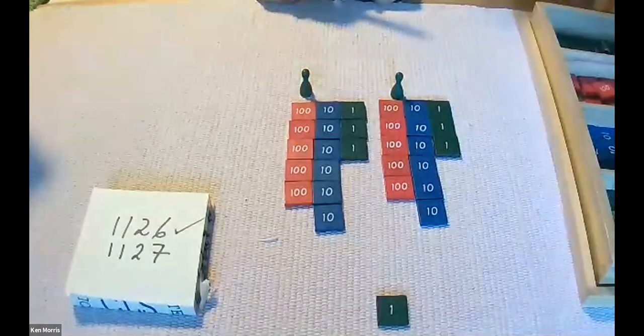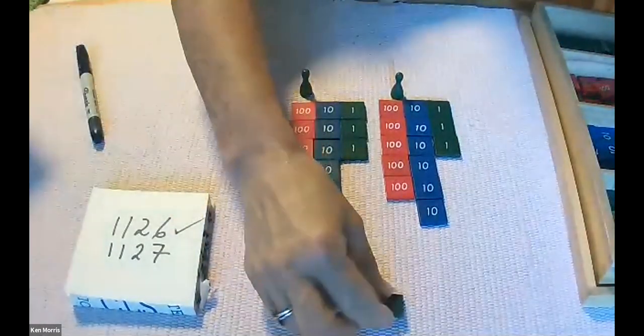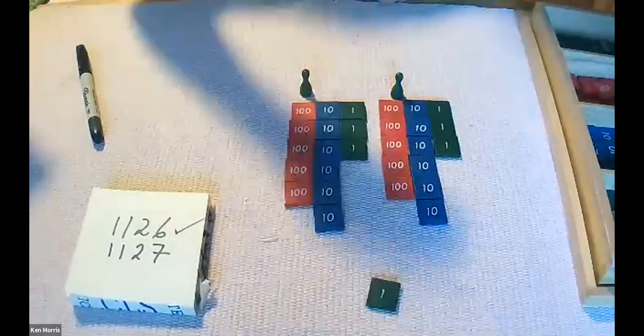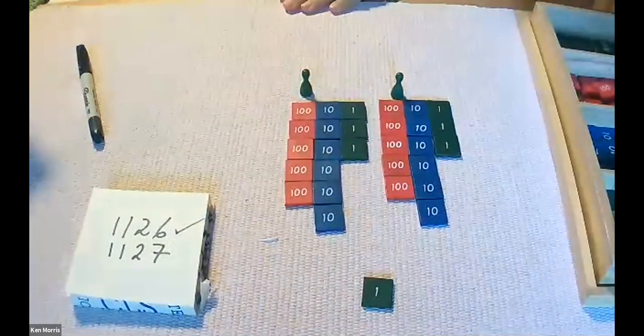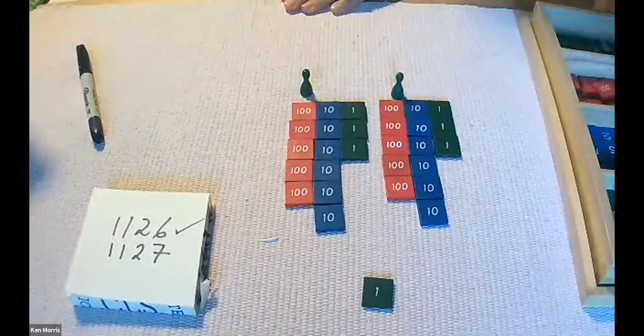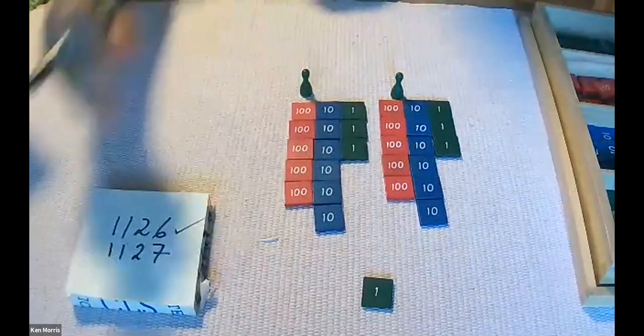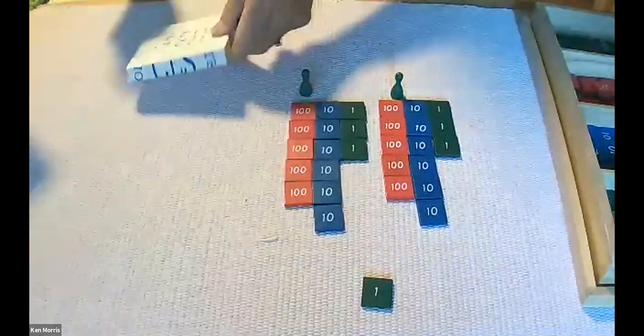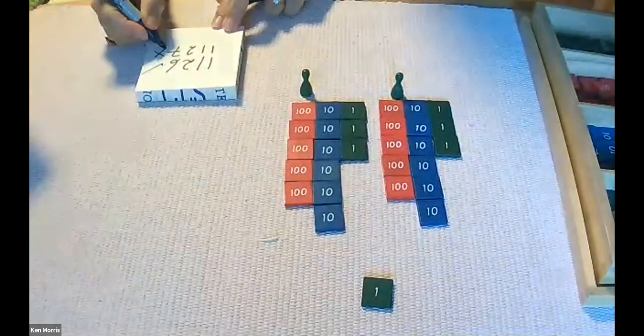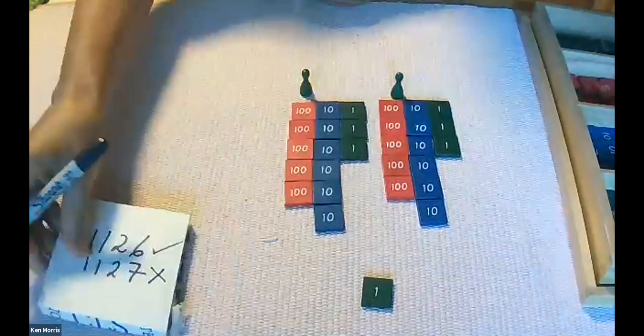Yeah, you're totally right. I'm going to add 1 unit. Therefore, I certainly don't have any way of sharing that 1 so that everybody has an equal share. So we can say that 1,127 does not divide equally by 2.